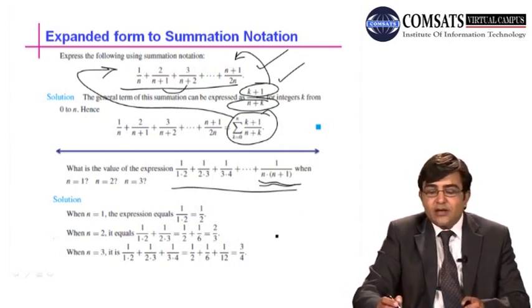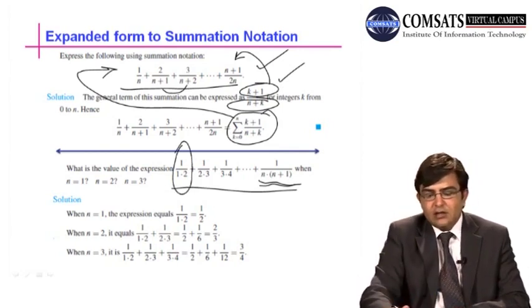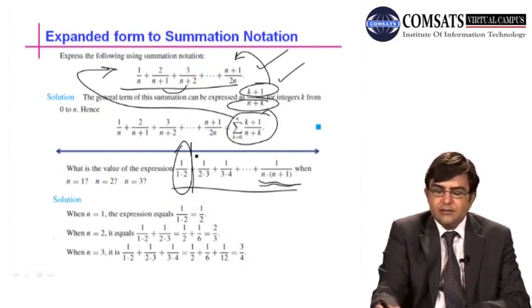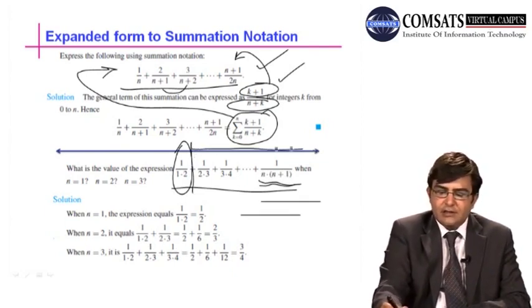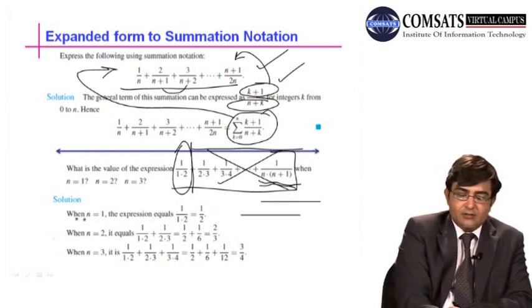How? When n is 1, we must obtain only the first term. When n is 1, we put 1 here, here we put 1, we get 1 over 1 into 2. So the summation must stop here. The other terms will not come in when n is 1.